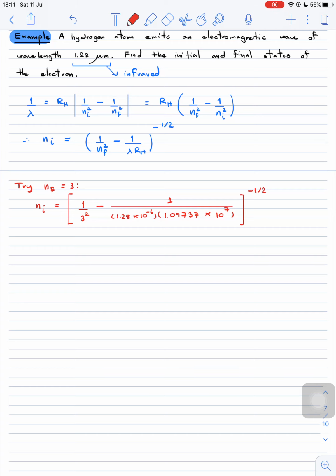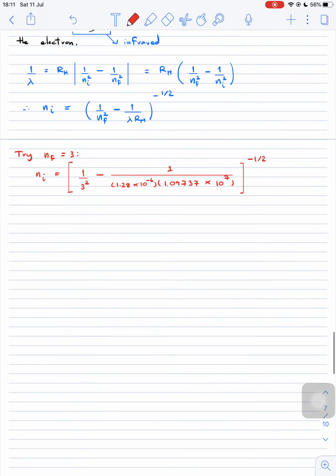If you use a calculator, it's going to be equal to 5, and that's it.